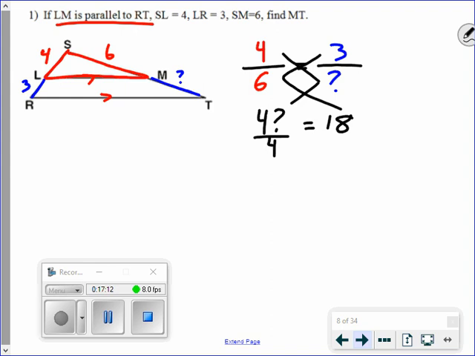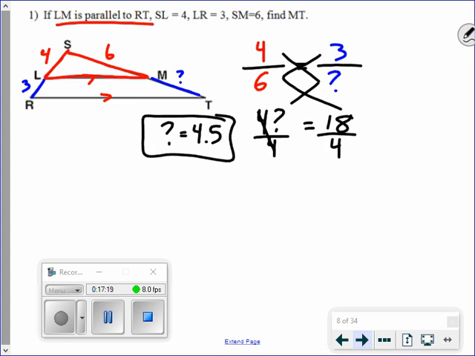Then I would divide off of 4. And this little segment right here is 4.5. You just have to be careful. They ask me for the whole segment, not just a piece of it. Just reread it so we know what's going on there.